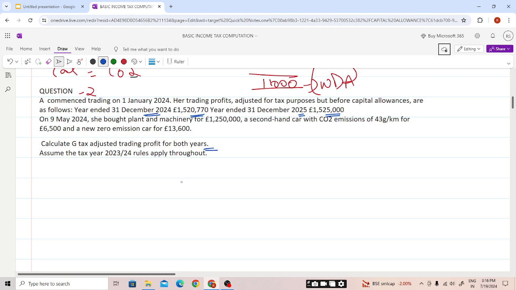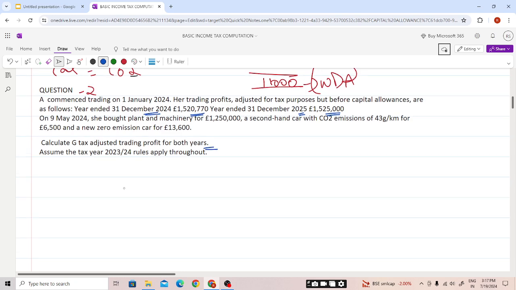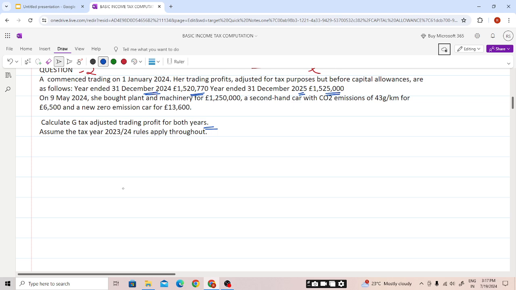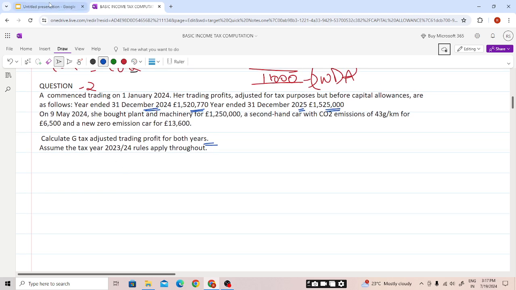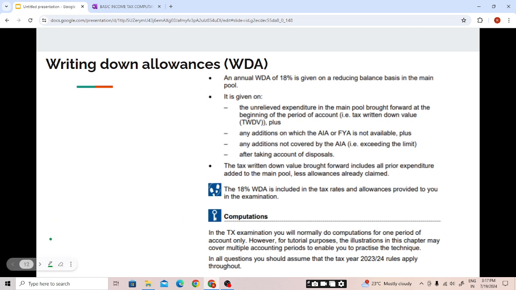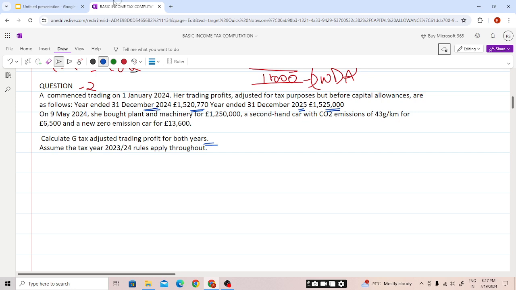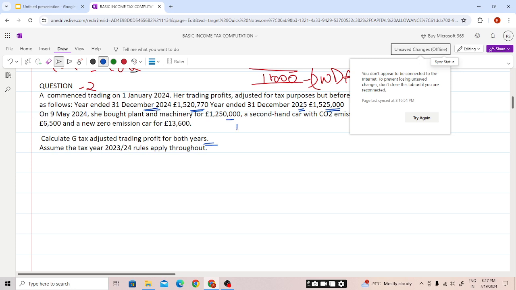Now students, first we will be seeing which pool the assets fall in. Plant and machinery, normal, so main pool.